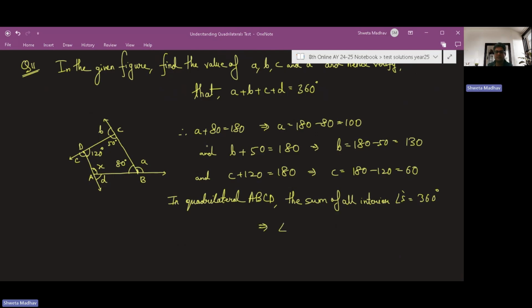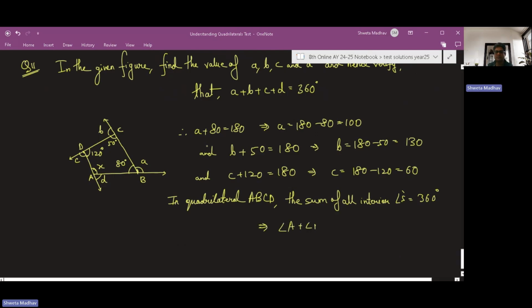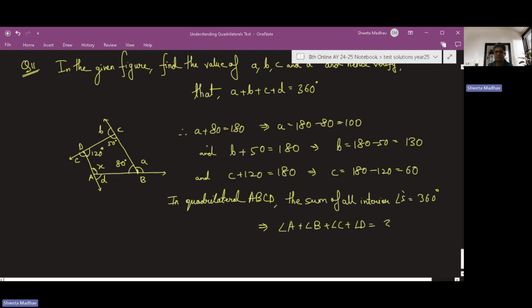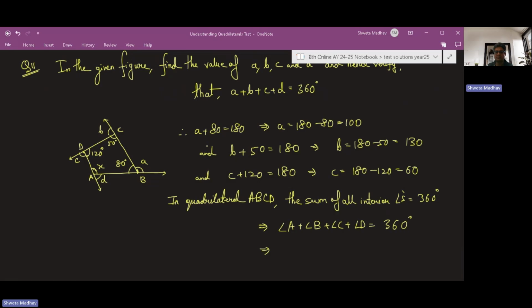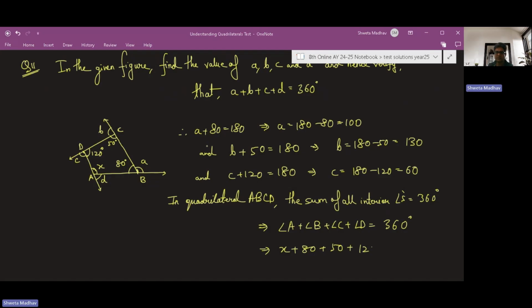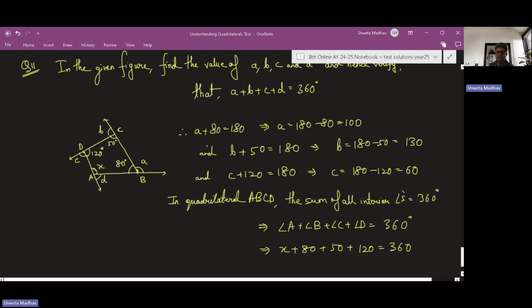So therefore I can say that angle A plus angle B plus angle C plus angle D will be equal to 360 degrees. Now angle A means the interior angle, which is X, plus the interior angle B, that is 80, plus the interior angle C, that is 50, plus the interior angle D, that is 120. So that is equal to 360.